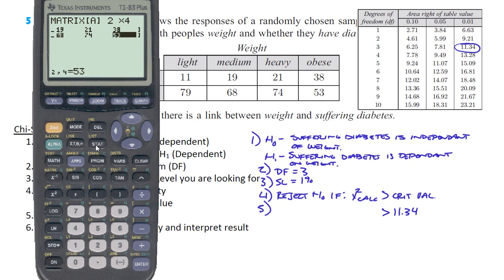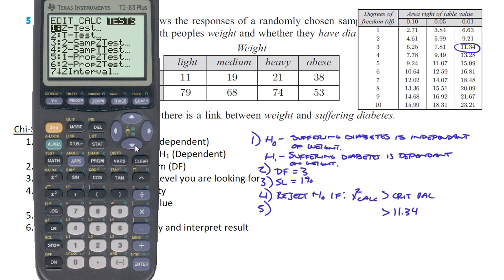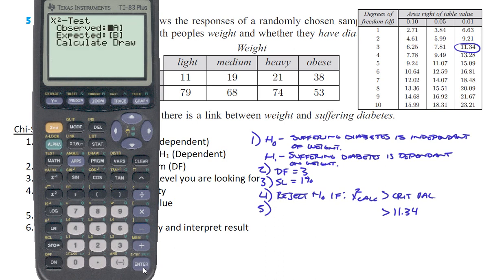Okay, to figure out what our chi-squared value is, stat, tests, go down to C for this calculator anyway. Yours might be different. Go down through to calculate, and we get chi-squared is 22.60.